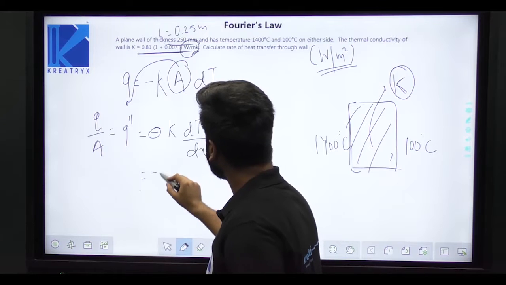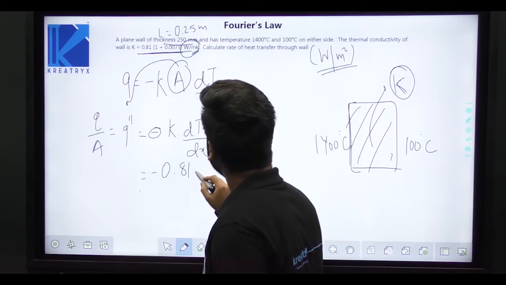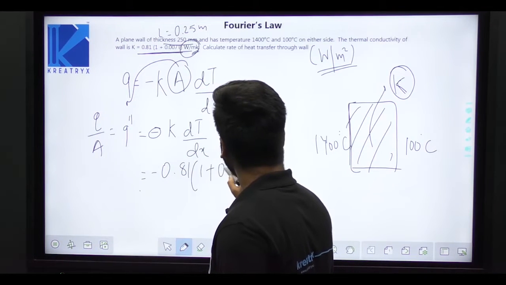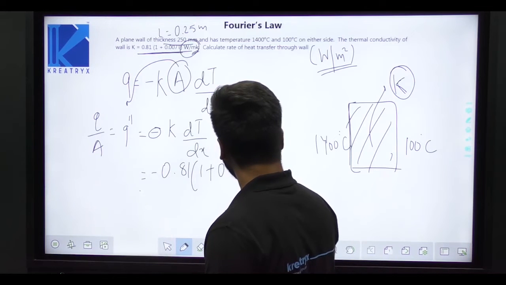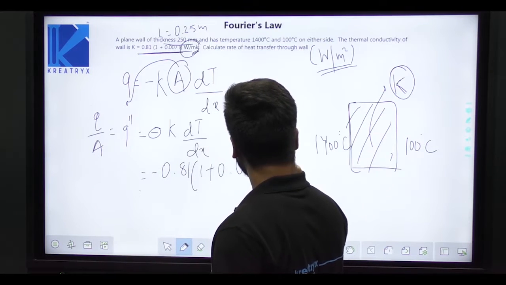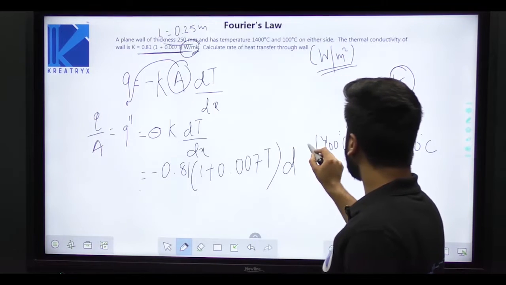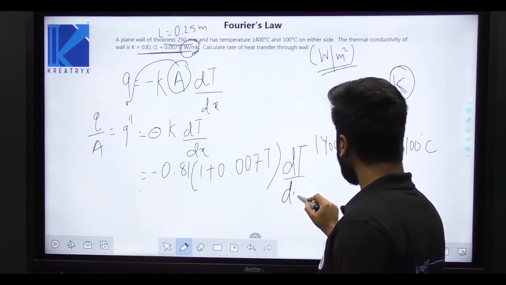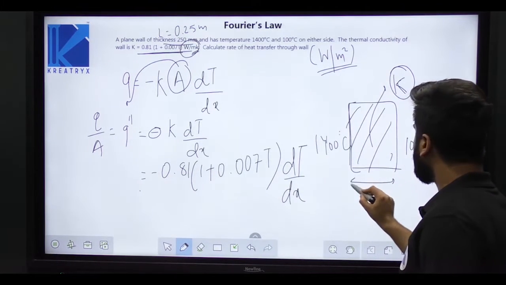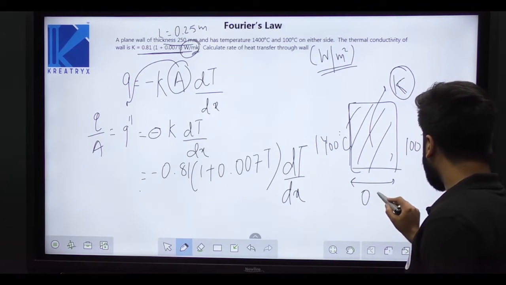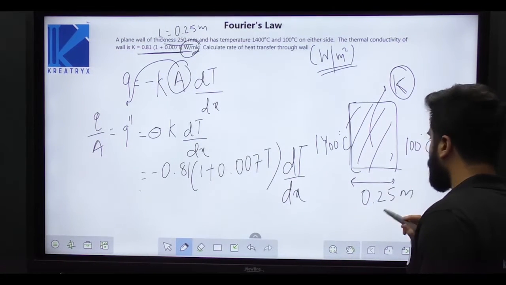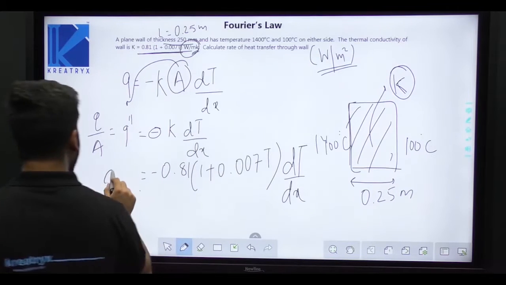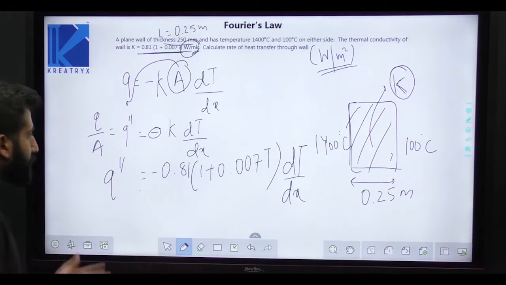So put this K here. This will be 0.81 plus 0.007 T, dT by dx. The thickness of this wall is 0.25 meters, and here is Q double dash, which you have to find.